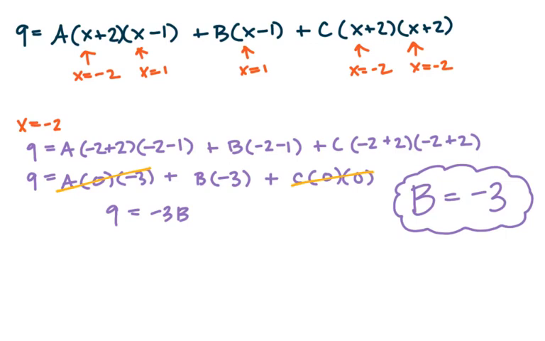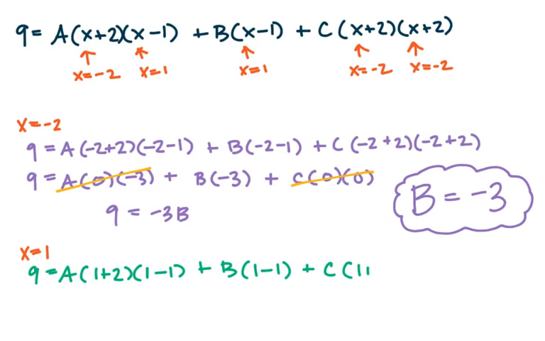And I'll do this again with x equals 1. So if I do it with x equals 1, I have 9 equals a times (1 plus 2) times (1 minus 1), plus b times (1 minus 1), plus c times (1 plus 2) times (1 plus 2).